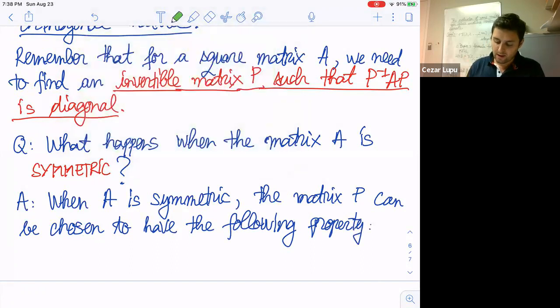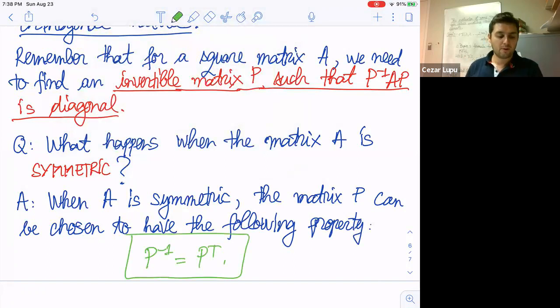Let's write it: P inverse is nothing else than P transpose. In fact, this is what we call an orthogonal matrix. That's in fact the definition.